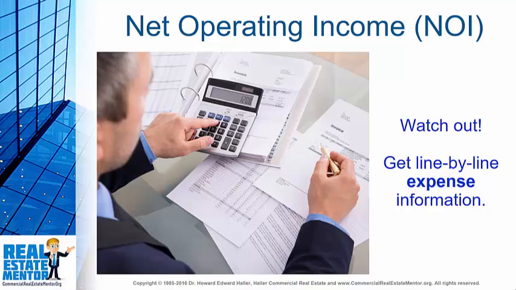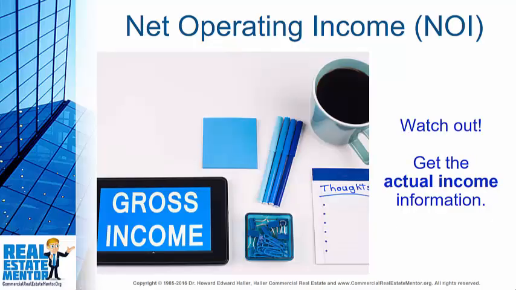If the numbers are the truth and they have the proof, you're going to see numbers which aren't all fives or zeros at the end. Watch out, you can get the actual income information. And here's a watchword for you. Even if your building has 100% occupancy, the lender will never necessarily take that into their analysis calculations, because a lender is going to look at the actual income of the property and compare it to the actual vacancy in the area.